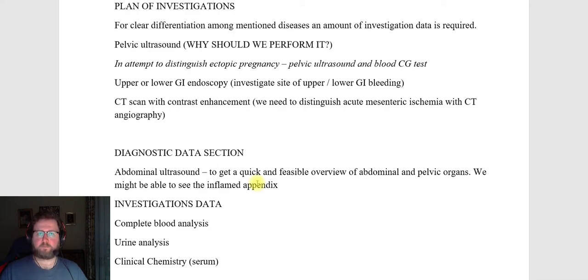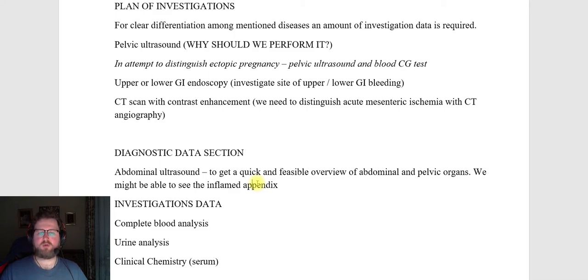But if we see that, can we be sure that that's all that he has? Well, technically no. If we see that he has appendicitis, we can't be sure that he doesn't have any other abdominal pathology or pelvic pathology, as we've previously discussed.